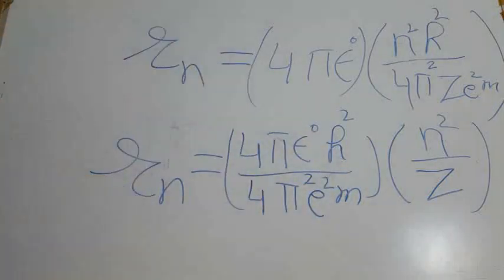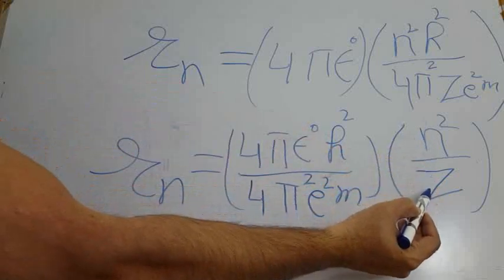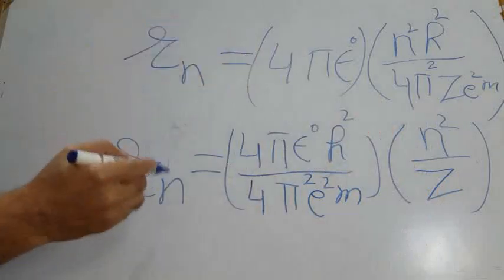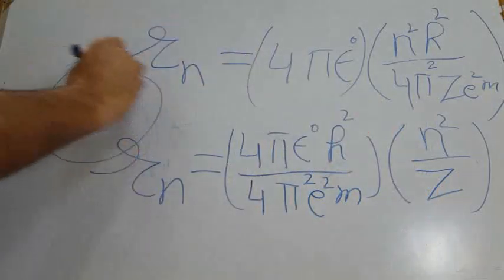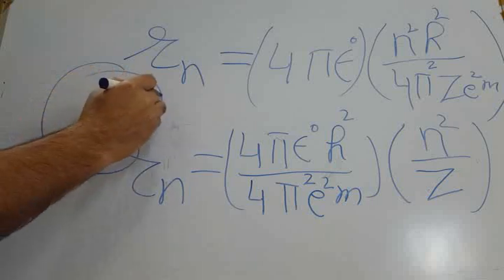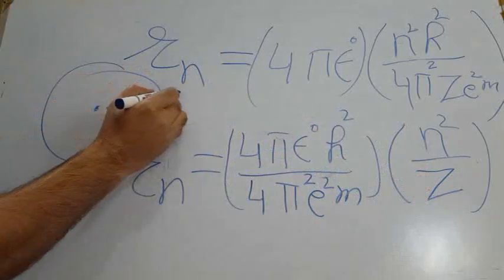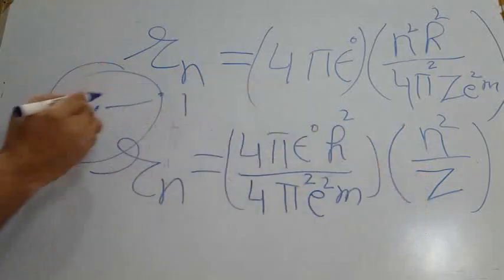This is Rn. If we take n as 1 and Z also 1, what does that mean? N equal to 1 means the first orbit, Z equal to 1 means hydrogen.